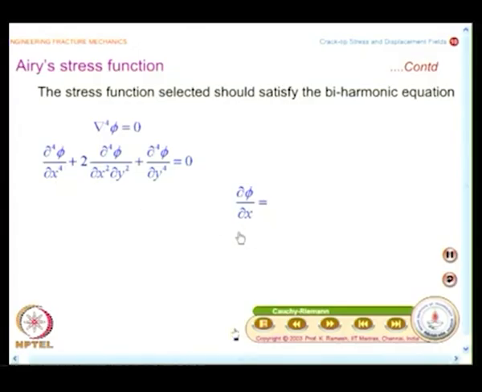And when I have to do this, we have already defined phi. So, what we are really looking at is, we have to get the differential of real part of z double bar, that is dou by dou x of real part of z double bar plus y into dou by dou x of imaginary part of z bar.